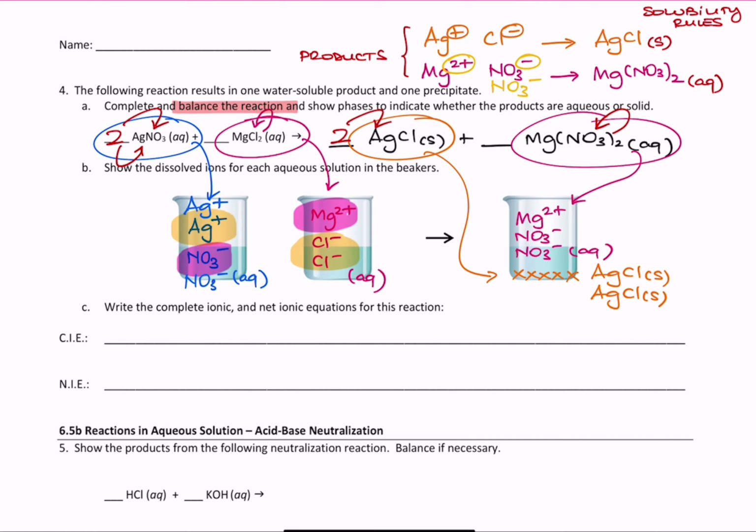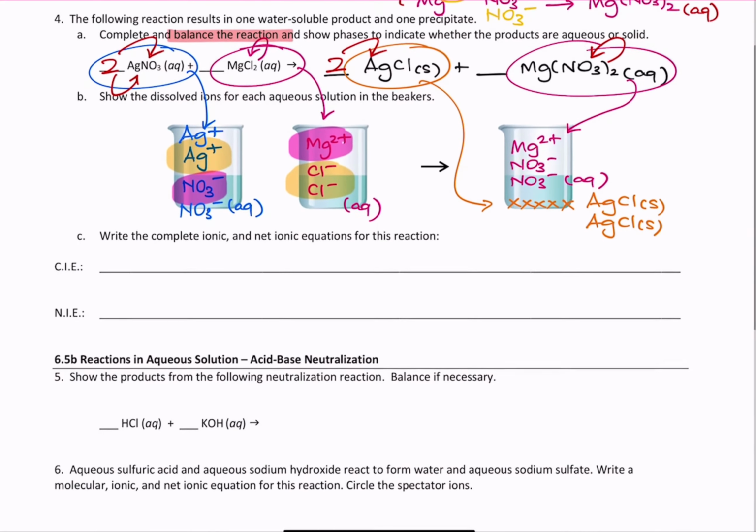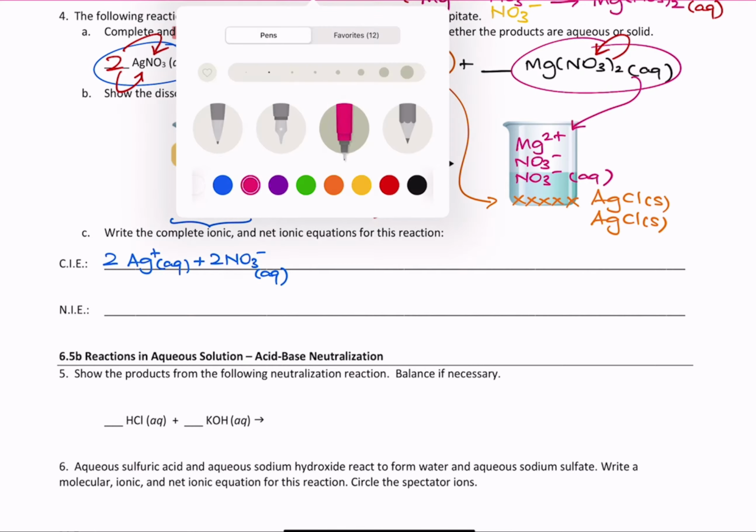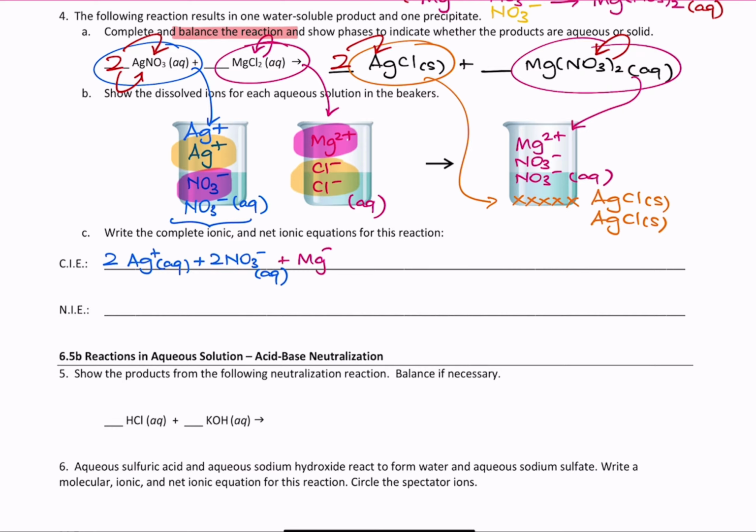So let's now write the complete ionic equation and the net ionic equation for this reaction. Let's look at the first beaker. We have 2 of the silver ion aqueous and 2 of the nitrate ion aqueous. Second beaker, we have the magnesium ion aqueous and 2 of the chloride ion aqueous.